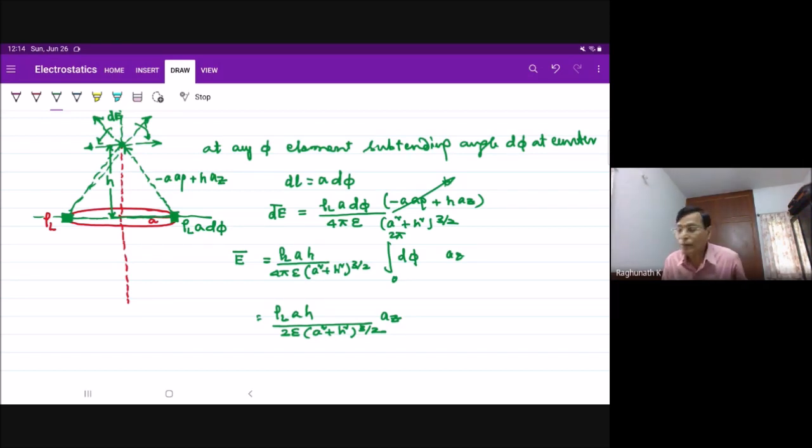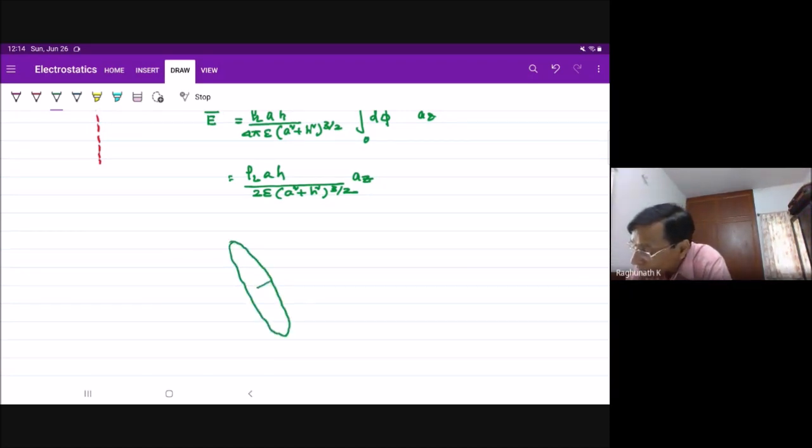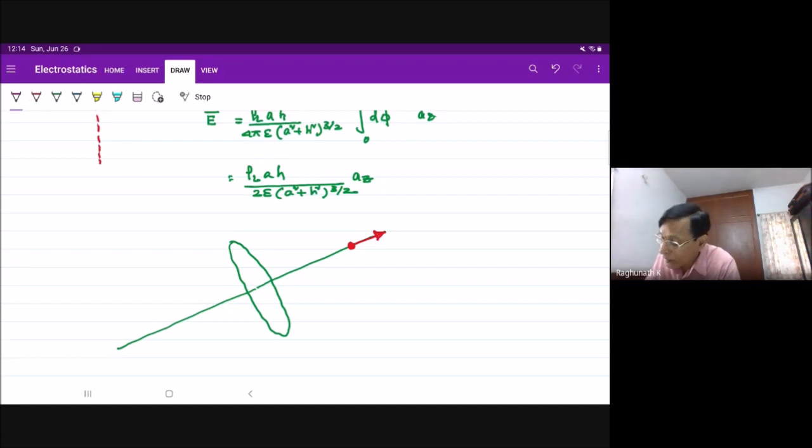The basic thing is what? The field will be along the axis. That's the information given. If this is the circular line charge and this is the axis, at this point, the field is along the axis in this direction, away from the center.